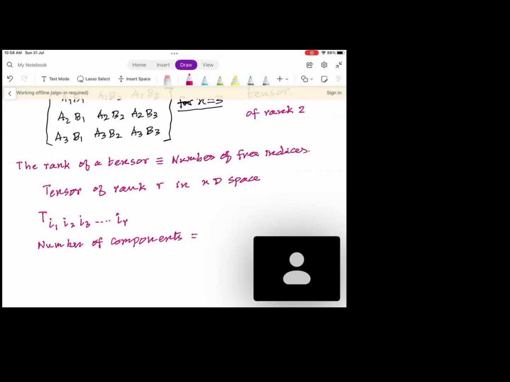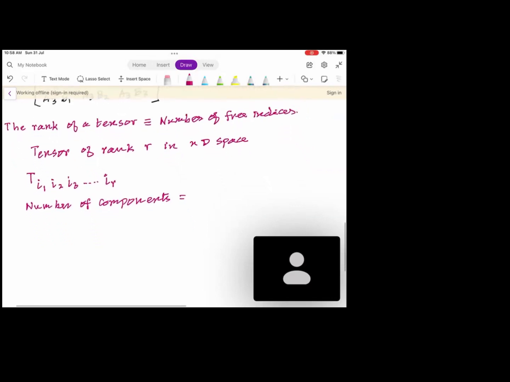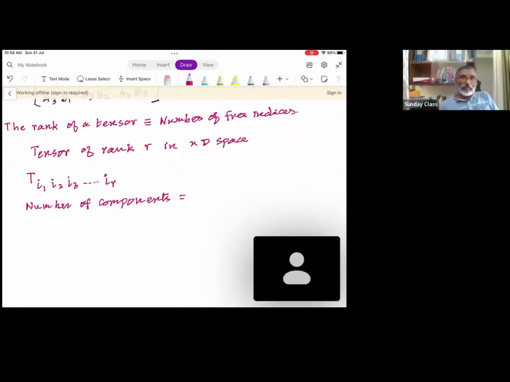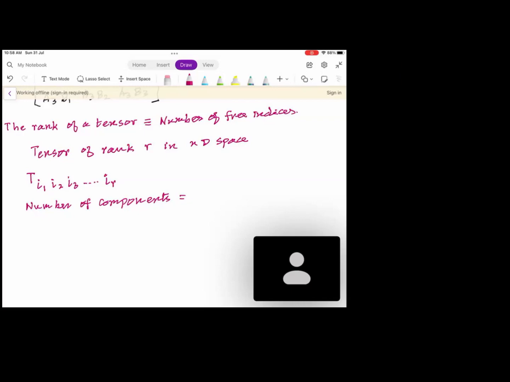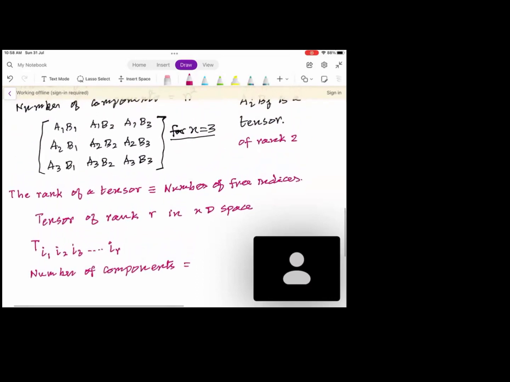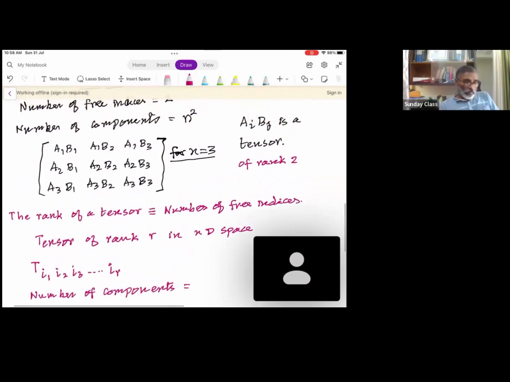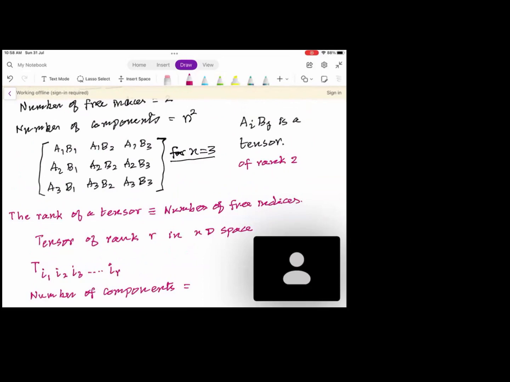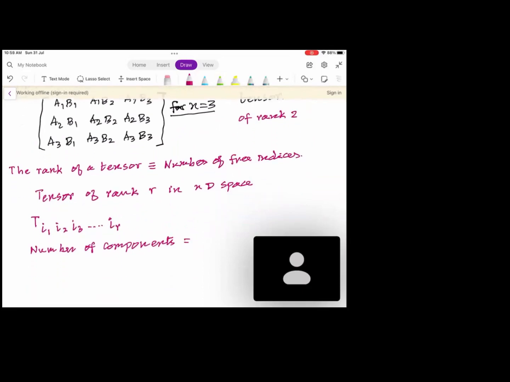R squared? Why R squared? The previous example was also like this, the number of free indices was 2. So it will be like R to the power R, something like that.